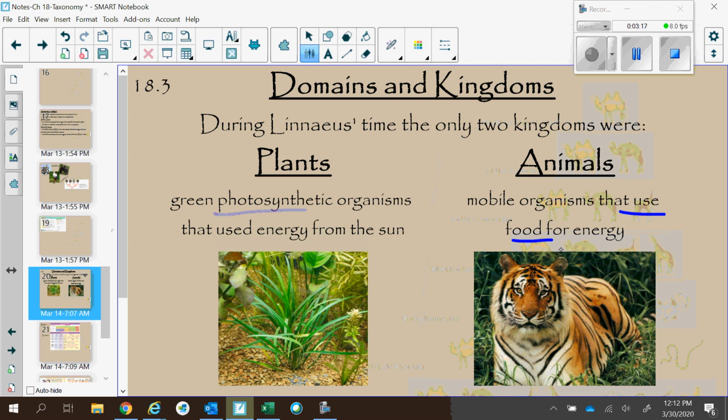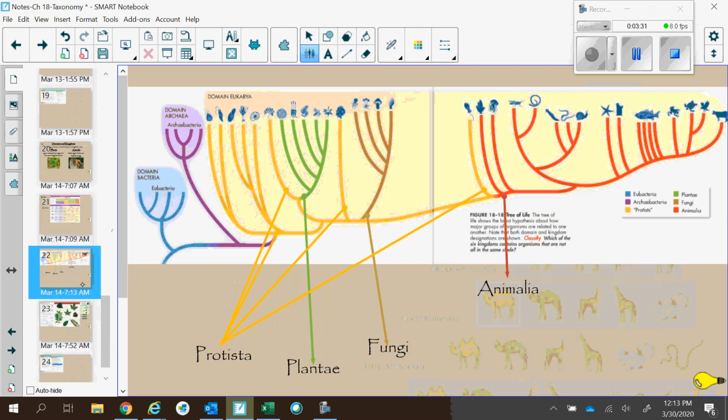Wouldn't call it food, perhaps. It's not ingested like we ingest our food, but they don't use the sun. They consume calories, and in doing so makes them more like animals than plants, which I referred to on that last presentation right about here when we talked about this section. Why we are more closely related to fungi, it's because they consume their calories.